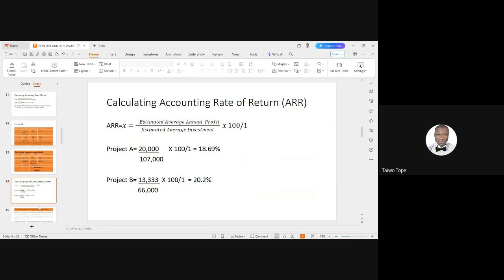And one more thing is that this method recognizes the concept of net earnings, that is earnings after tax and depreciation, because this is a vital factor in the appraisal of an investment proposal, and it is useful for performance evaluation of firms or organizations, because it gives a clear picture of the profitability of the project.